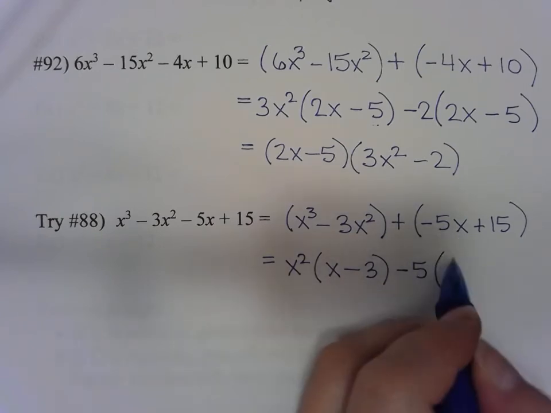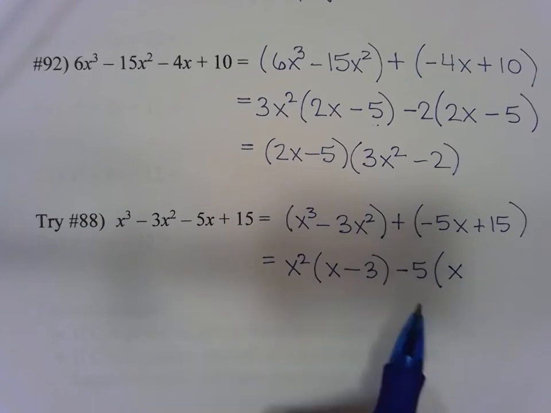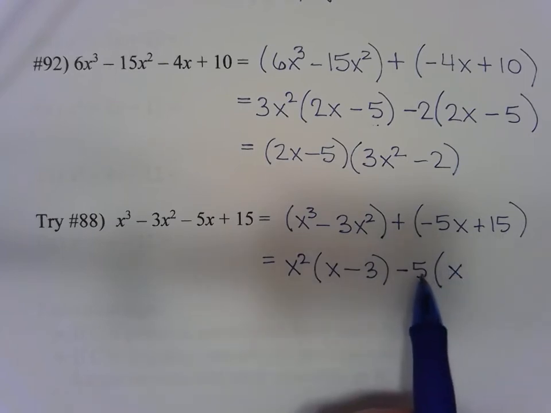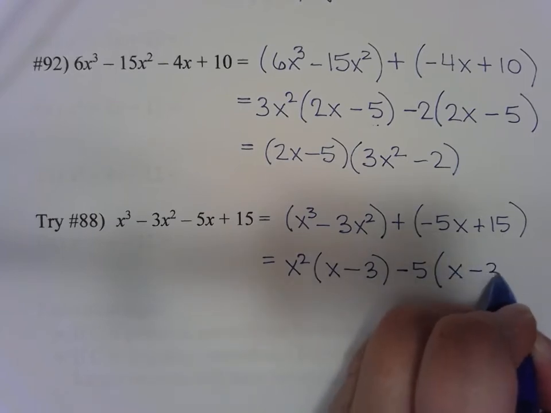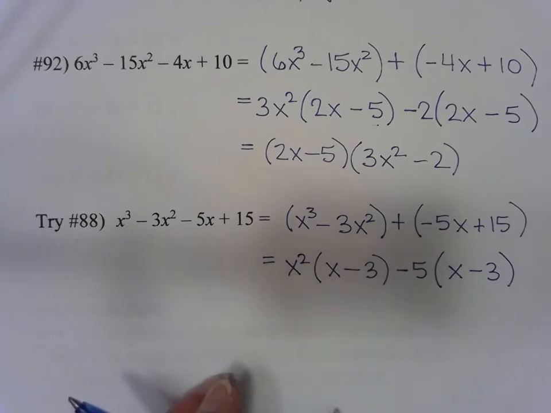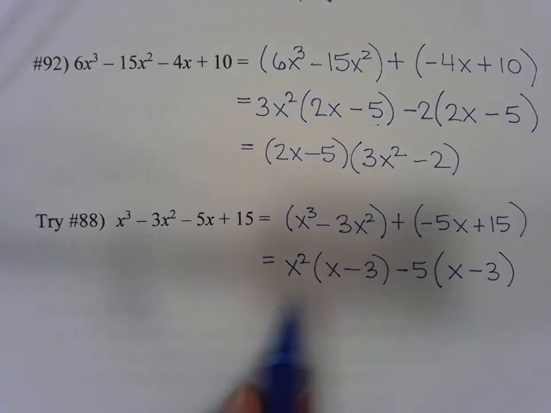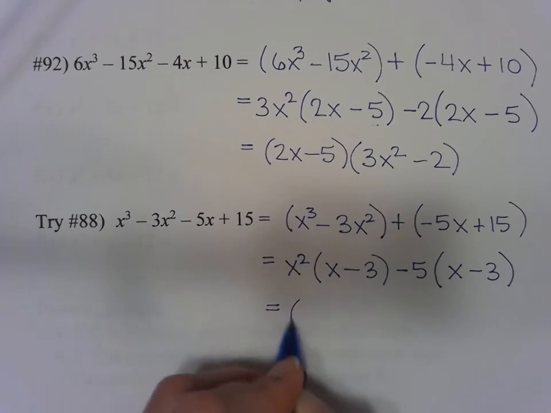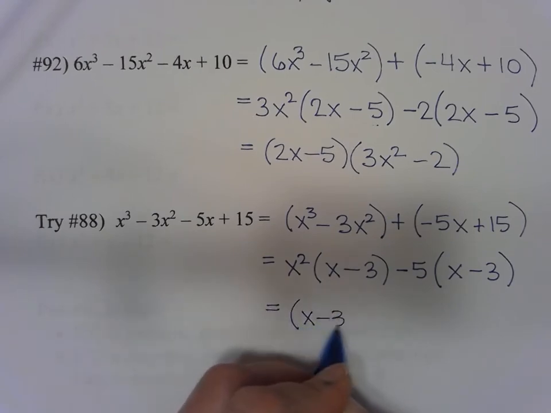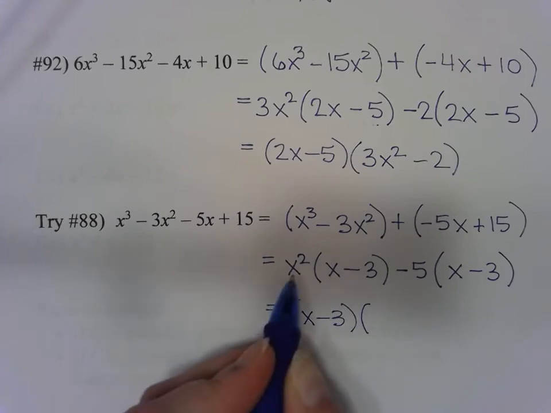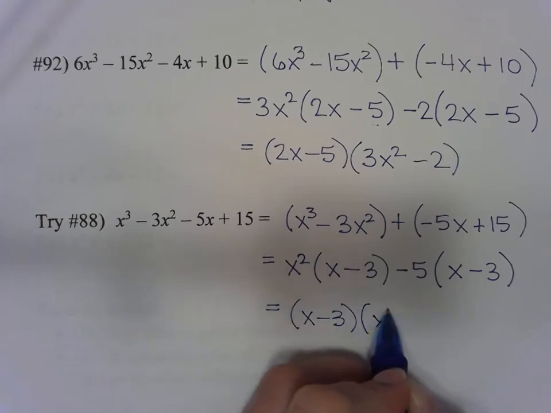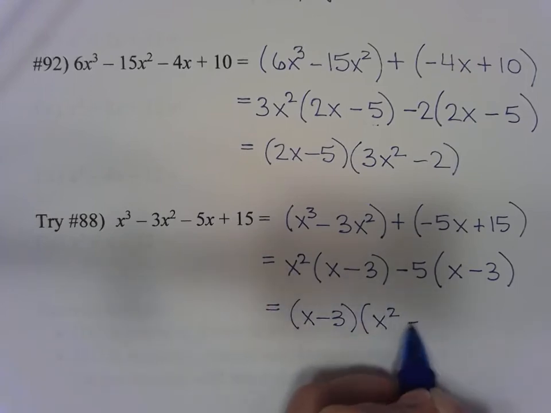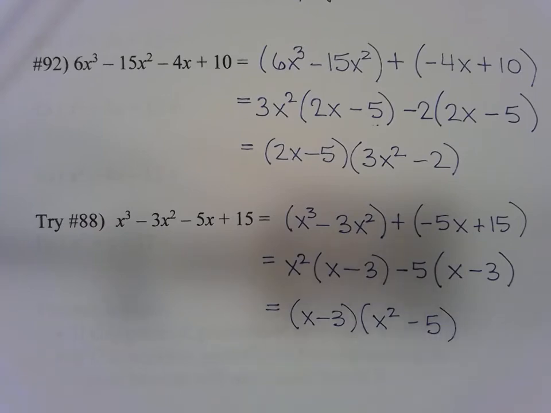So negative divided by a negative is going to leave me with a positive x. Positive divided by a negative is going to leave me with a minus or negative 3. Now both terms share an x minus 3, so I'm going to factor that out. I have an x squared left from the first term and a minus 5 left from the second term.